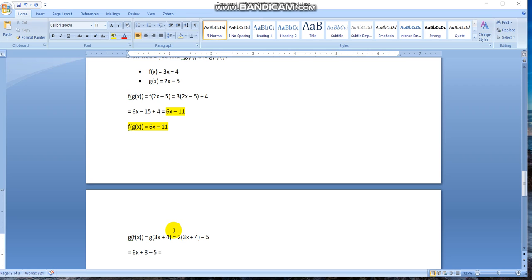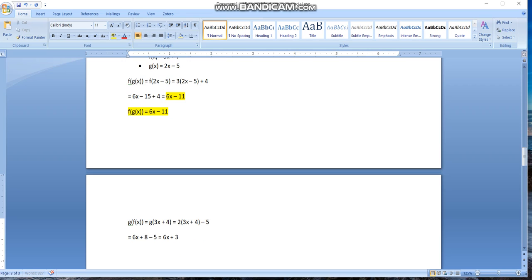So if I simplify this down, this is 6x plus 3. So g of f of x is going to equal 6x plus 3. That would be how you answer that question.